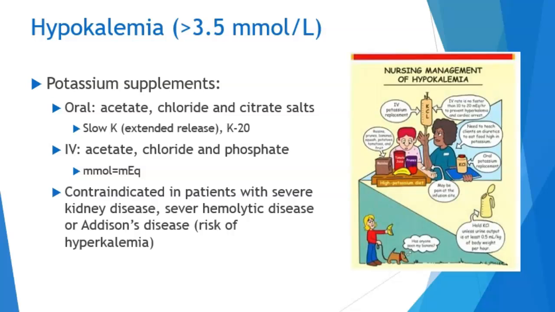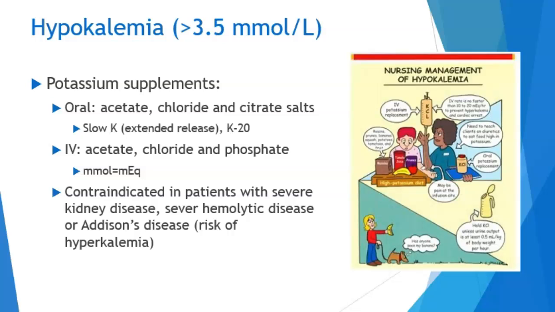Now, in places where there are cardiac monitors in a tertiary care setting, they can run higher rates of potassium, but on a unit without a cardiac monitor, the maximum rate would be that 10 millimoles per hour. Like I said, otherwise it needs a continuous EKG monitor.